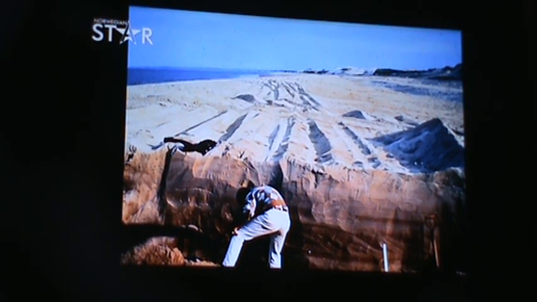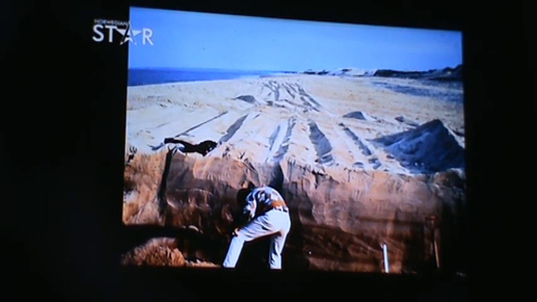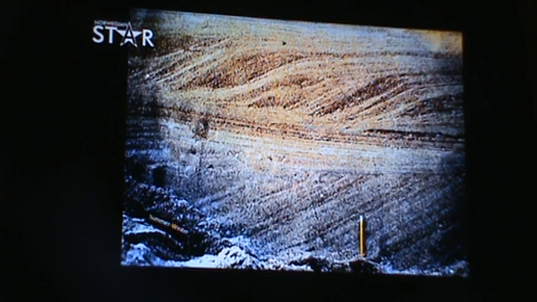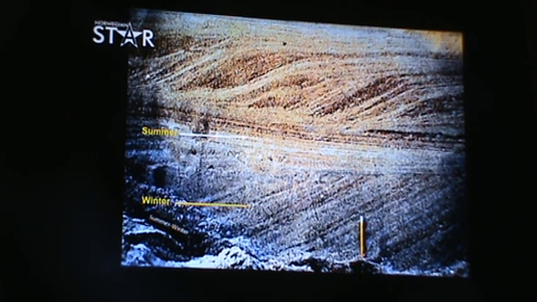So here's a typical beach on the east coast of the United States, and one of my colleagues is digging in it. So let's take a close look at that. That's what those sediment layers look like. All of those are roughly the same size sand particles, and they deposited in summer or in winter. Why the difference?